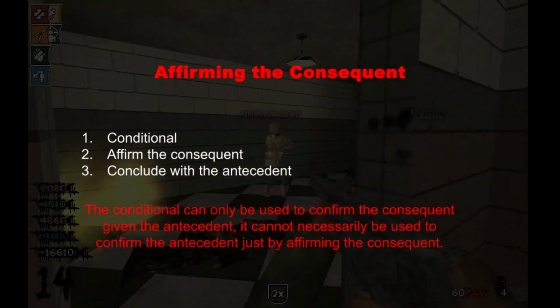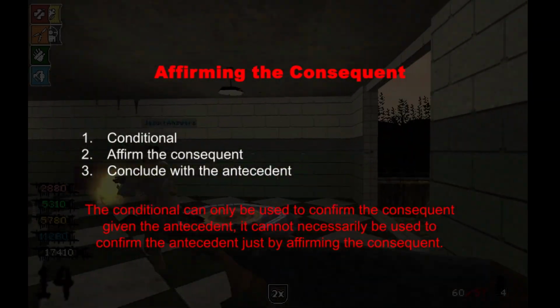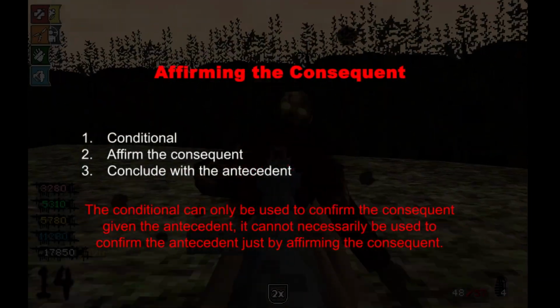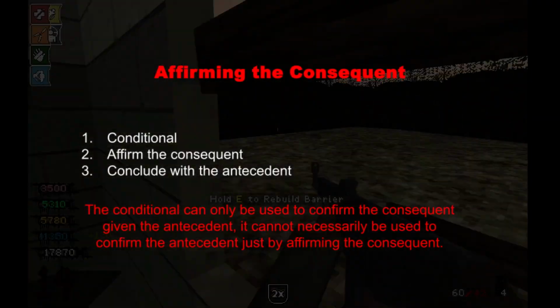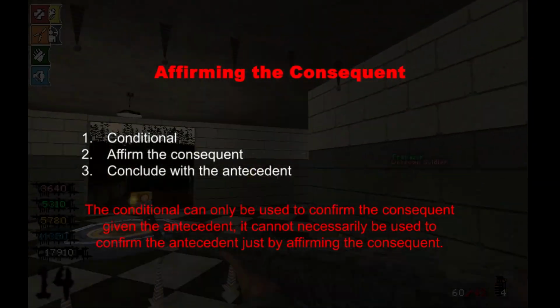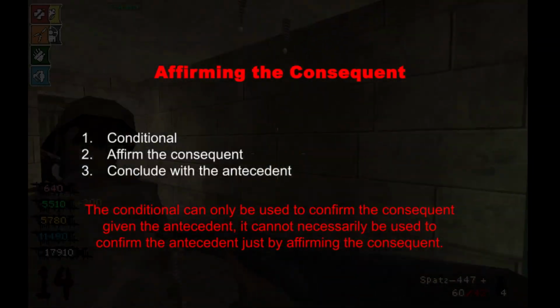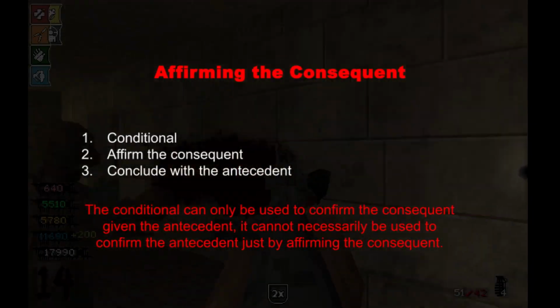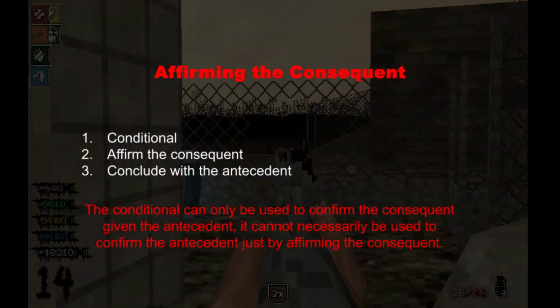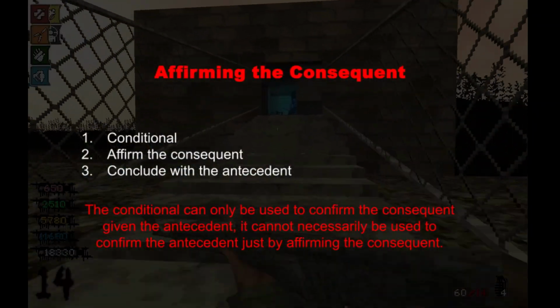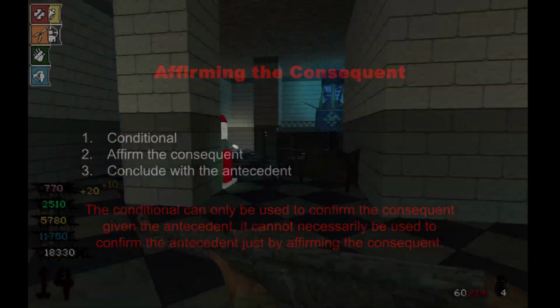There's nothing in the conditional that I've given that says that if Q is true, P is true, right? That's just not there. So saying Q is true is irrelevant to trying to determine the truthfulness of P. And this is why, obviously, it's called affirming the consequent, because in the second premise, that's what you're doing. You're affirming the consequent of the conditional.